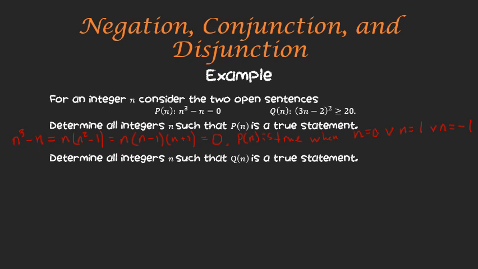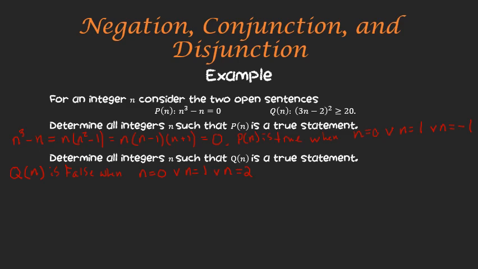What you'll find is that Q of n, right, sometimes it's easier to figure out when a statement is false. So Q of n is false when n equals 0, or n equals 1, or n equals 2.